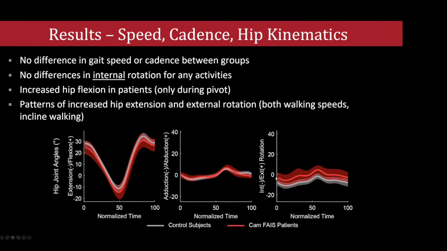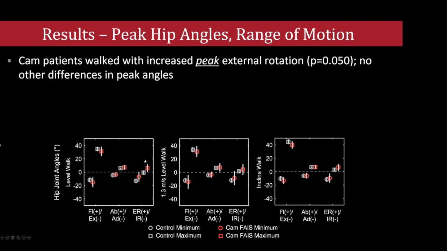And you can also see on the far right that there's slightly more external rotation during gait for the CAM group. And then when we looked at peak external rotation, we saw that there were differences during level walking, shown by the asterisk. But really there was no significant difference in the total range of motion, so max minus the min.